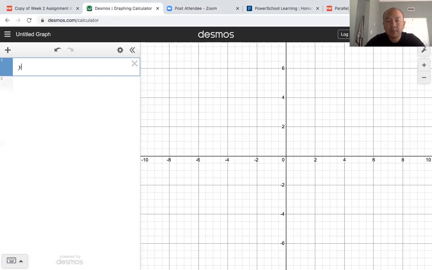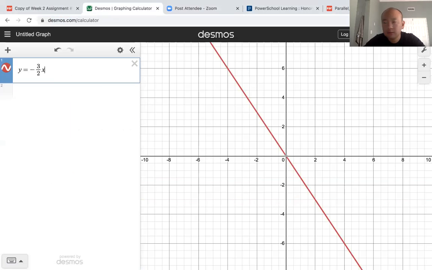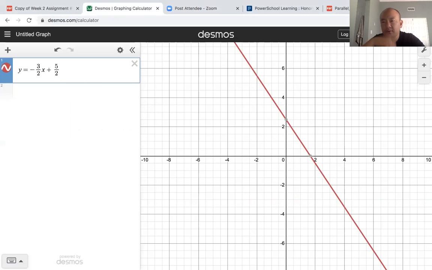Let's put this in the equation. So y is equal to negative 3 over 2 x plus 5 over 2. By the way, use the Desmos calculator well. This is a great tool, very helpful. Get familiarized with it, because that would be amazing and it will help you out a lot.